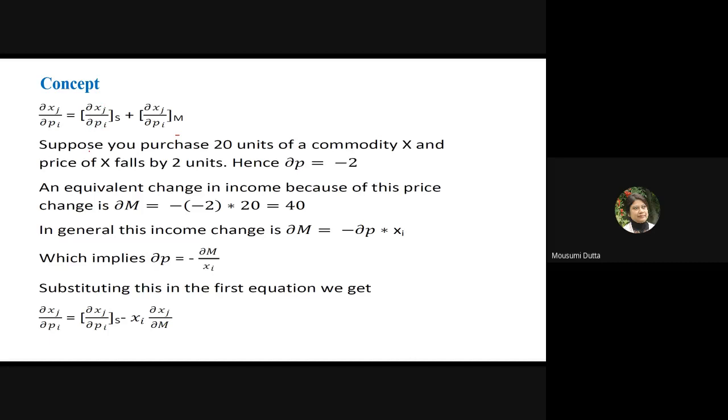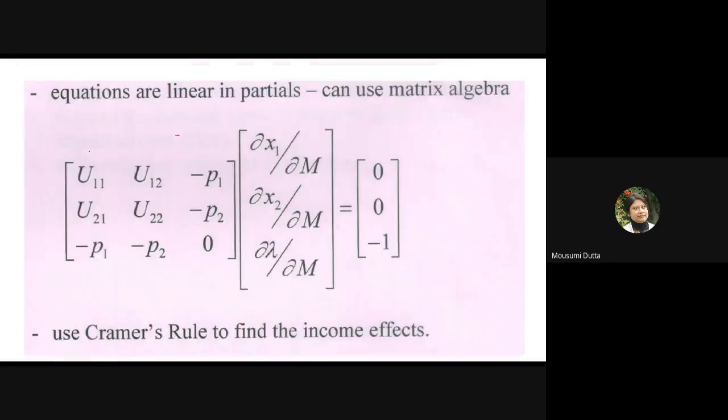To construct the Slutsky equation, first we derived the income effect part, that is the del x1 by del m part. I'm considering commodity 1. You can do the similar exercise considering commodity 2, where you find del x2 by del m. So for both the commodities, we can derive the income effect using these steps.